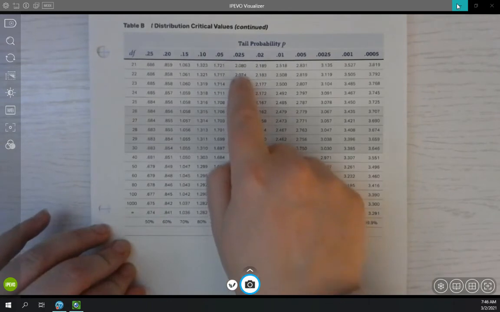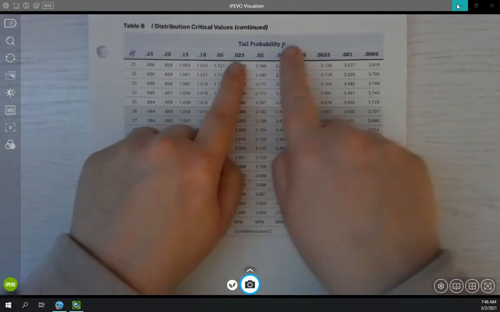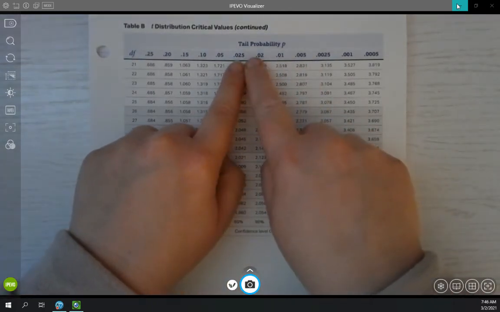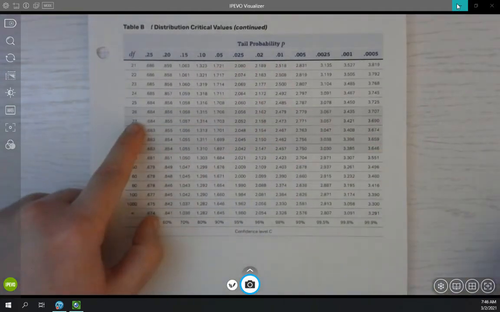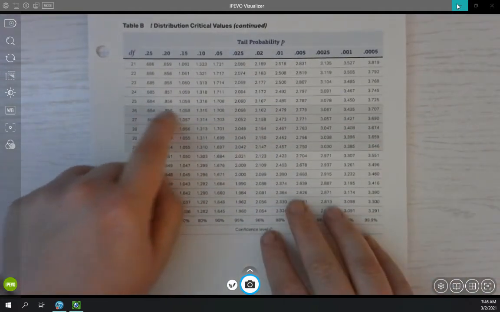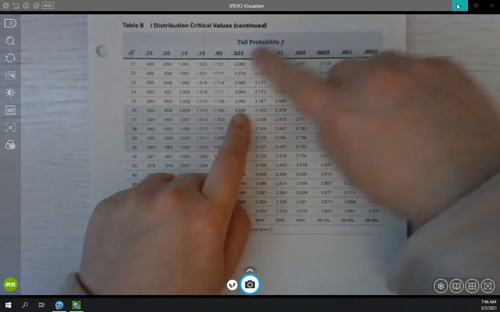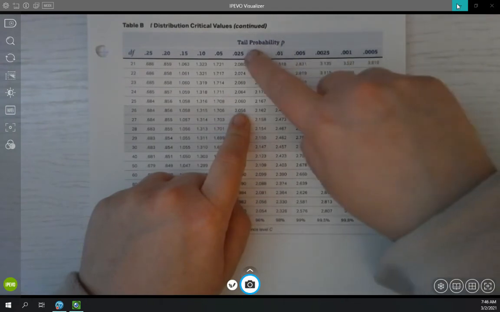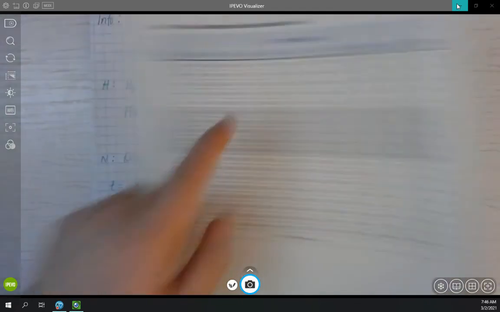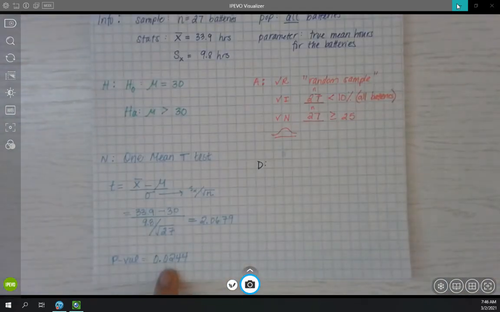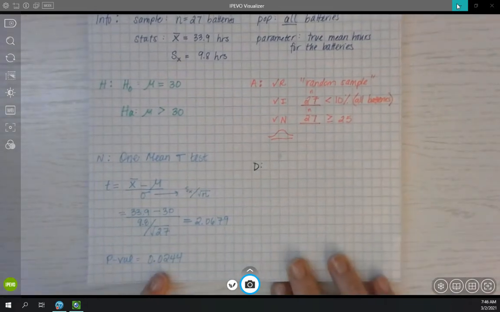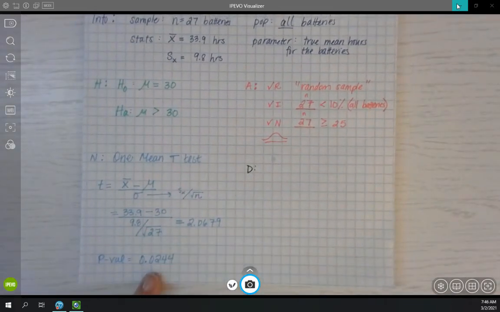If I go all the way up, my p-value is going to be close to 0.025. So start at 27, go up one. Find that t-score, or as close as we can. Now let's figure out what that p-value would be, 0.025. Let's see if I got close, 0.024. So we can use the table if you don't have a calculator that'll do that for you.